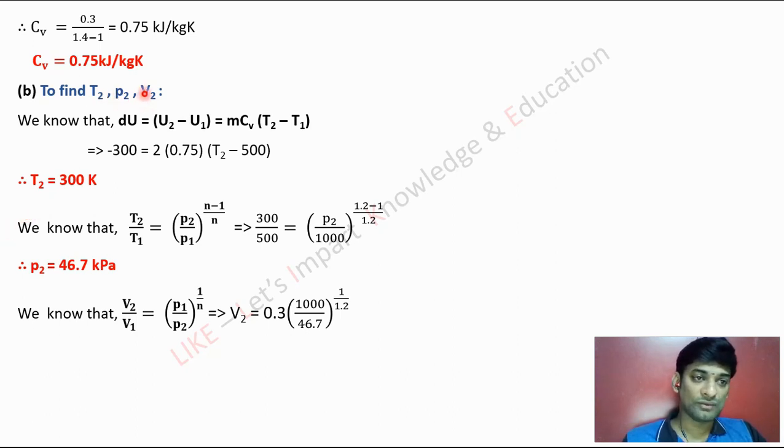Among T2, P2 and V2, if you have two data, you can use the PV is equal to MRT relationship, so that you can get the third one easily. Also, you can use this expression to determine V2. From this, V2 is calculated as 3.85 meter cube.